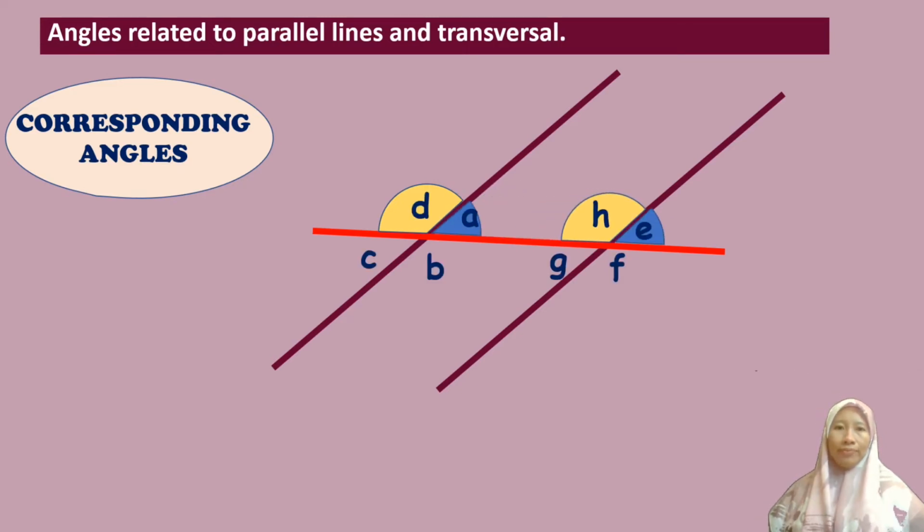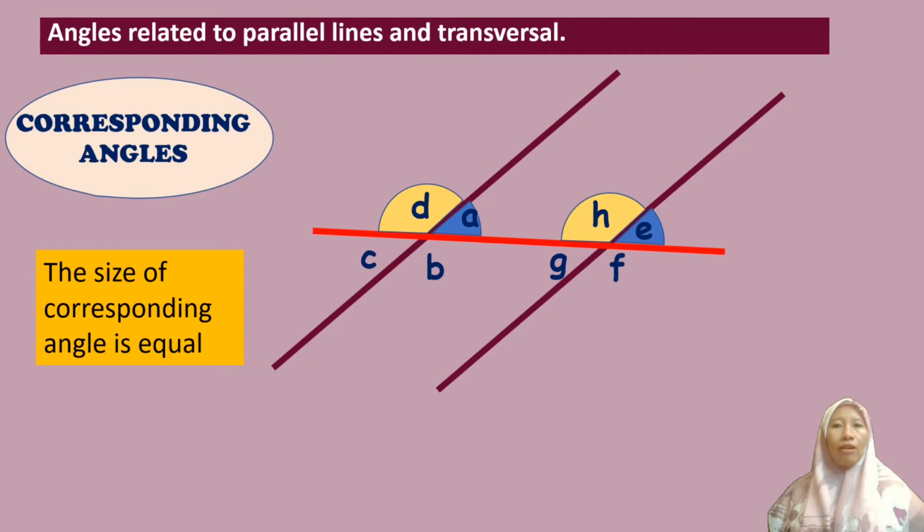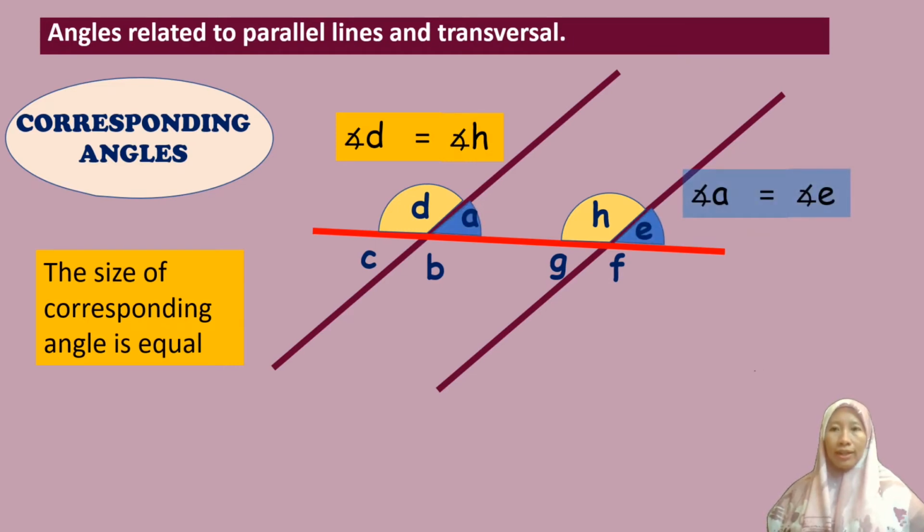Now over here, if you see, the size of corresponding angles is equal, where angle D is equal to angle H and angle A is equal to angle E. You can also identify other angles and which angle they correspond to.